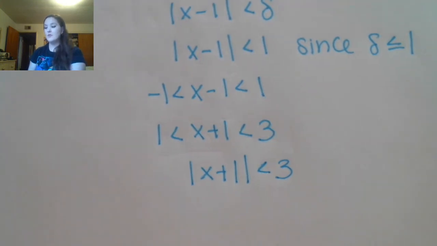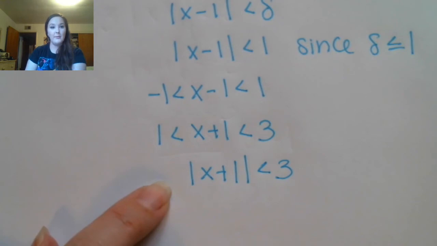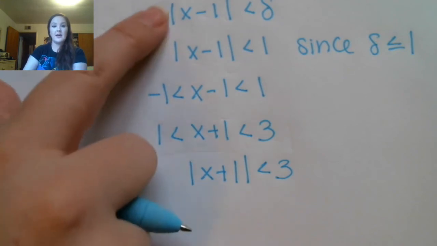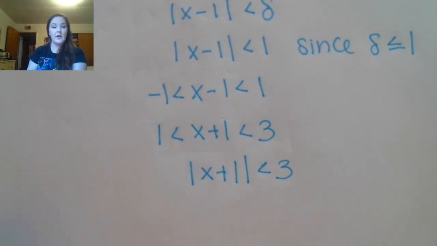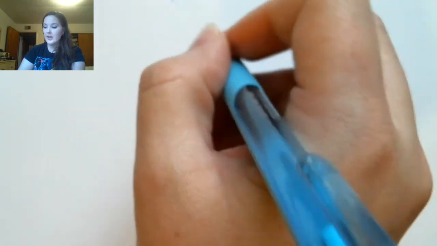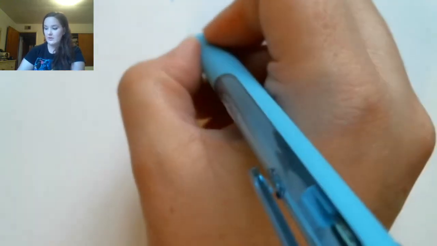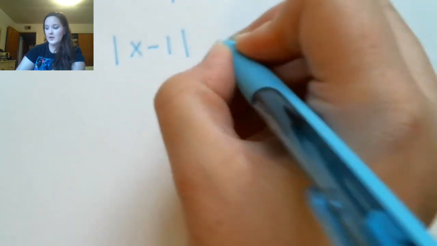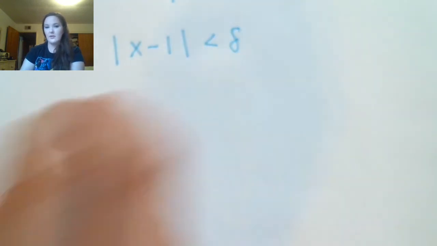Now that we've taken care of the absolute value of x plus 1, we can move on to our normal proof. So we're going to start again with the absolute value of x minus 1 is less than delta.